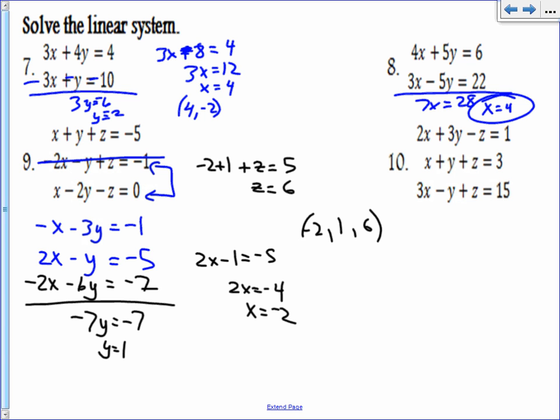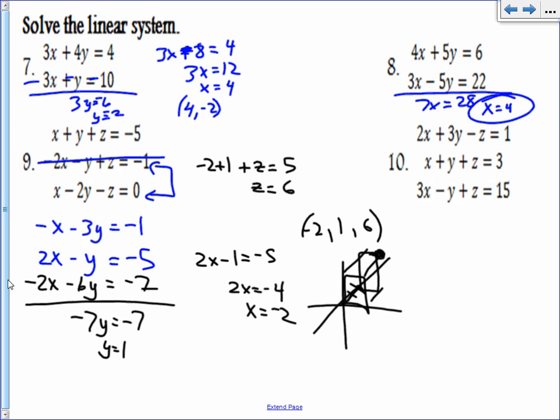We went right or left. We went up and down. So on the graph, I went right 1, and then up 6. That's how you drew your little 3 and 6.